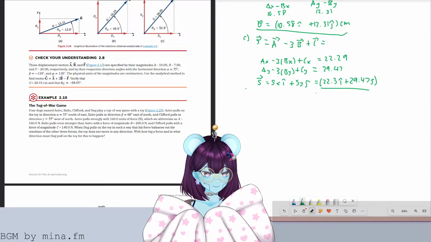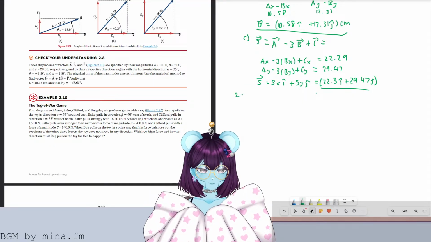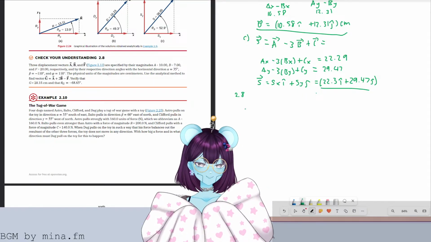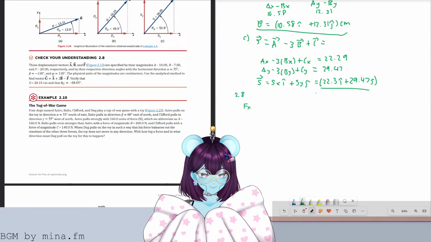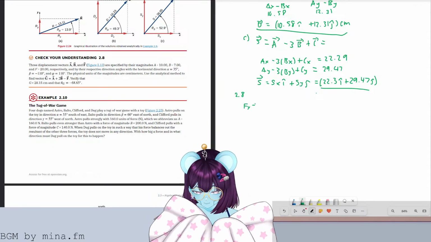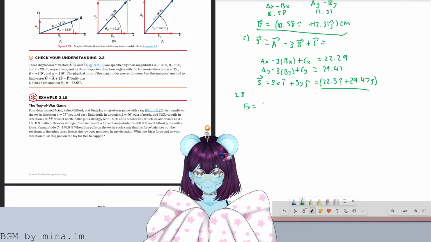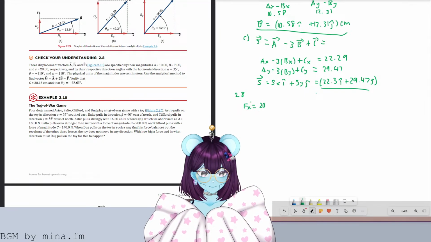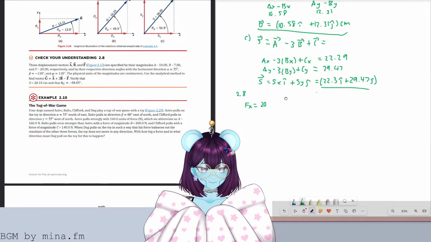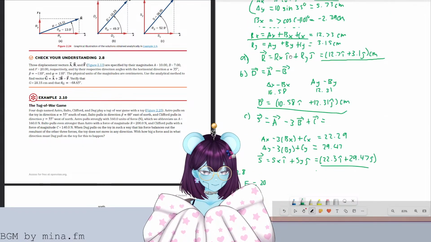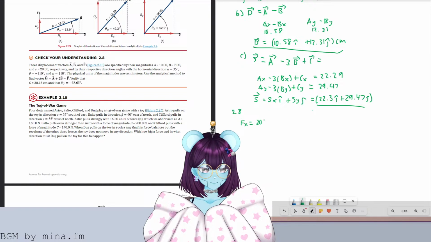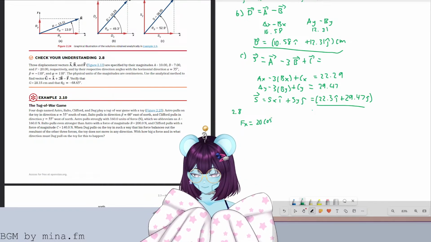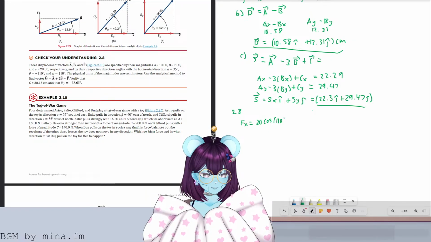So to find this, I won't calculate it out because like I said, I don't have a calculator with me. But to find the fx component, we get 20, right, 20, and then it was cosine, I believe, yes. 20 cosine 110.